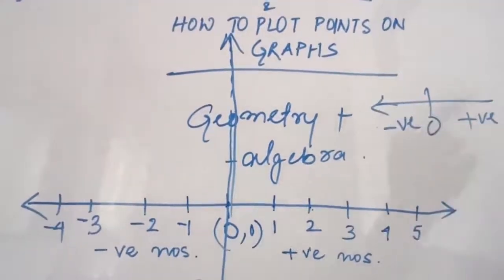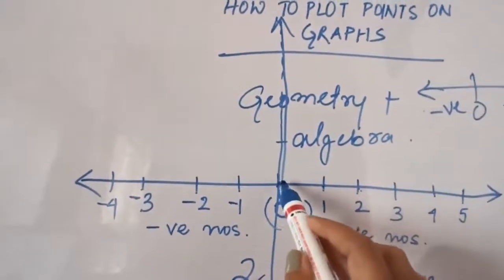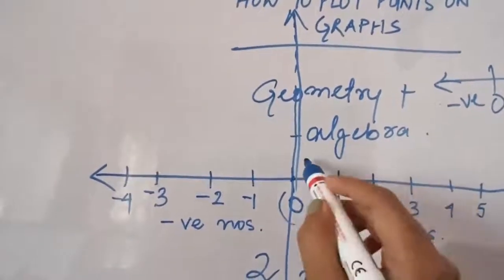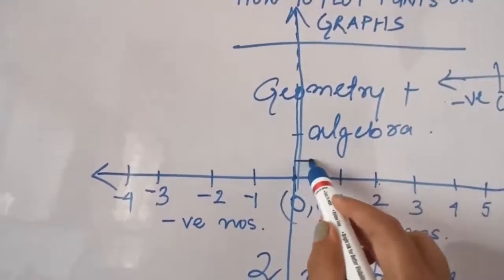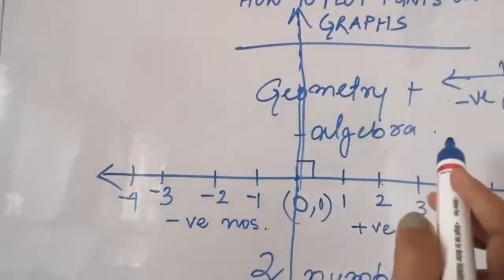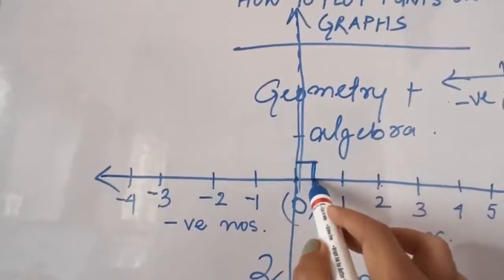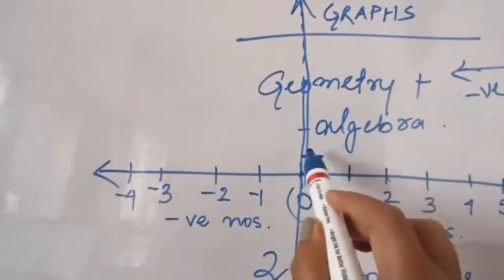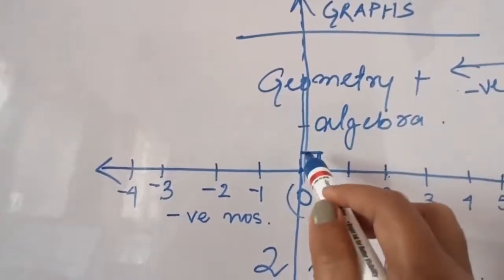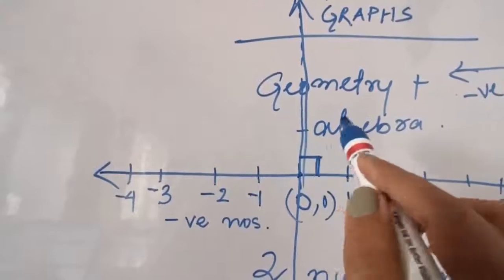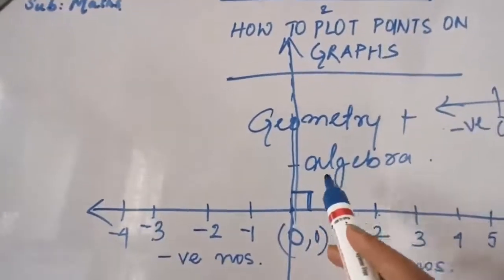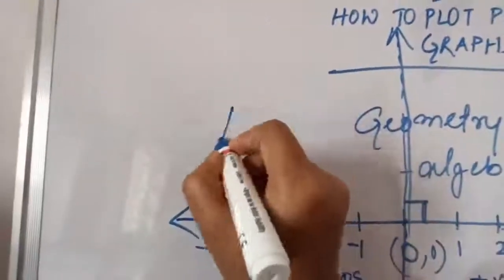So when I put another number line over here such that it is perpendicular, perpendicular means the angle formed between the two axes, that is the number lines, will be 90 degrees. Now when we are talking about coordinate geometry, we will always say it as axis.